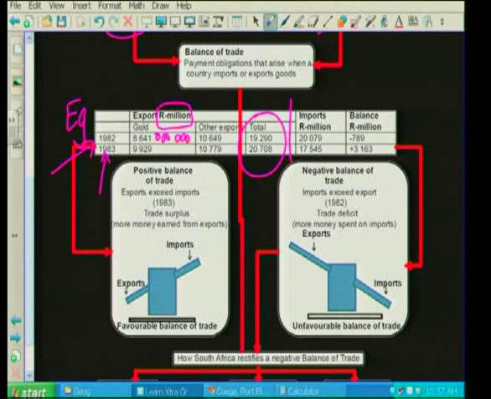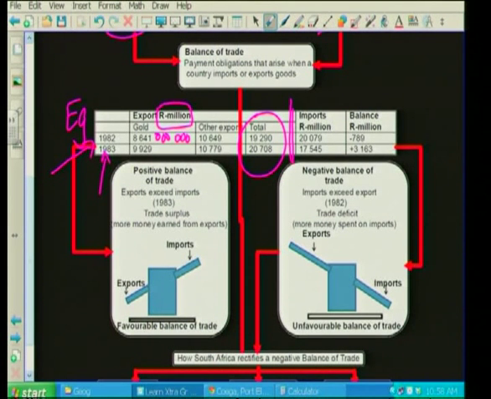Now compare that to the imports on the other side of this little balance sheet, as it were. There's the goods we imported, 20,079 million in 1982, and then it went down to 17,545 million a year later in 1983.